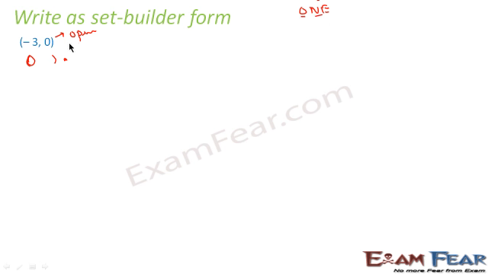So here also the endpoint is not considered. So we are talking about x where x is greater than -3 and less than 0. Please note it is greater than, it is not greater than or equal to. And then if you want to write it in set builder form, we'll say set A equals {x : x is this}. This is the answer.